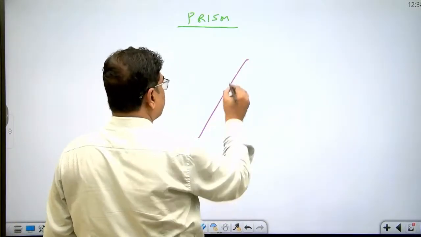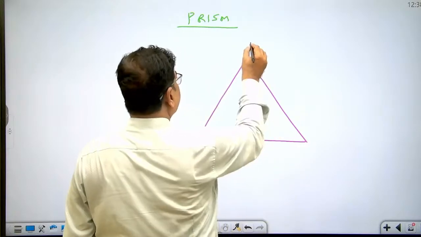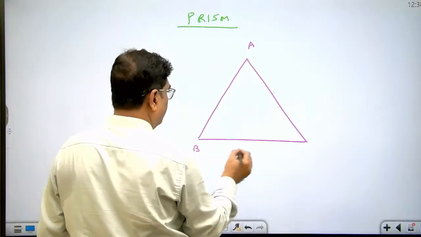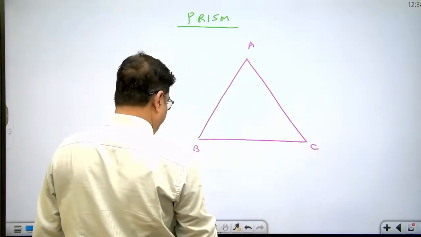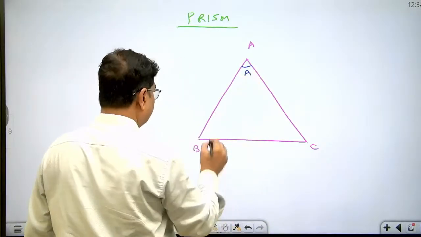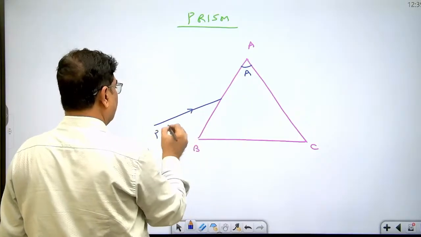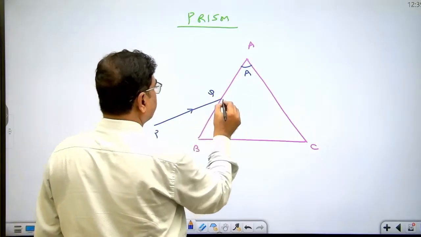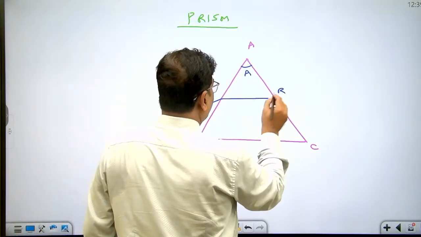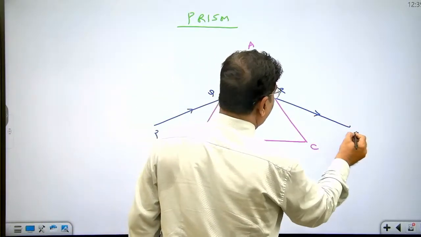Suppose, dear student, this is a prism. This is the cross section of the prism ABC, where BC is the base and A is the prism angle. Here PQ is the incident light ray, QR is the refracted ray, and then RS is the final refracted ray.